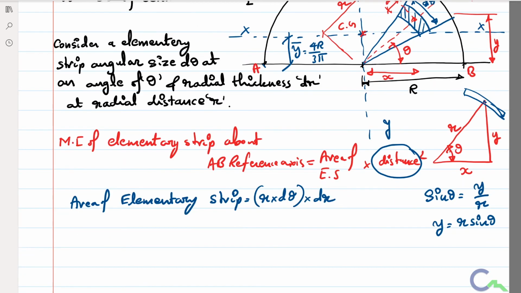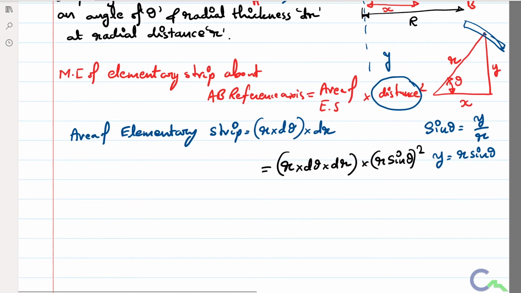So I am going to substitute in this equation. So I will get the area of the elementary strip r into d theta into dr, into distance r sine theta whole square.